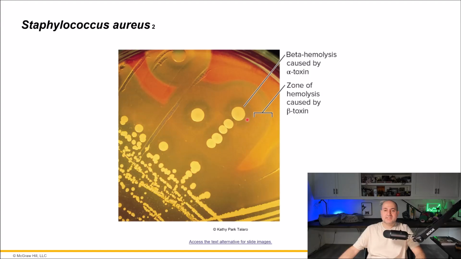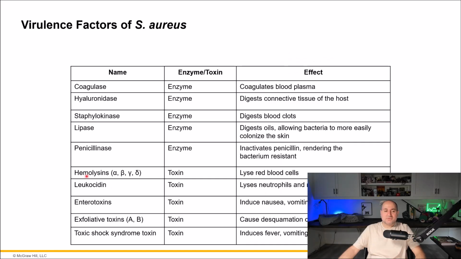That means complete lysis of blood cells on a blood agar plate. And that's because Staph aureus has many hemolysins, enzymes that break apart red blood cells. Look at this. They possess several different hemolysins. And these hemolysins are capable of lysing red blood cells.